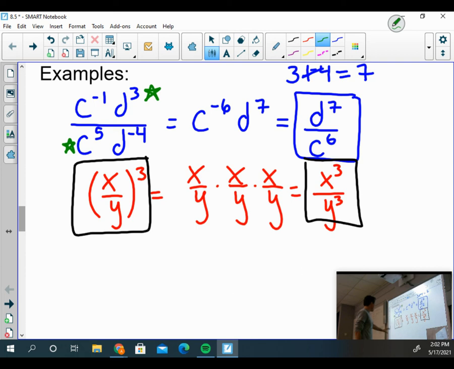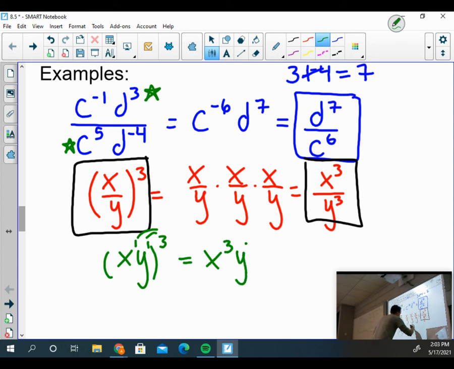And really, these are a lot like the problems we saw in 8.4, right? When I had a product to a power, I did apply my power to a power rule, but I made sure I applied it to each item in the product. So I'd end up with x to the 3rd, y to the 3rd.